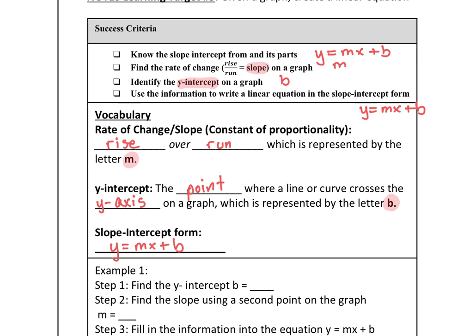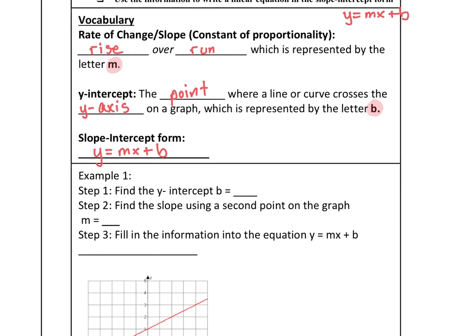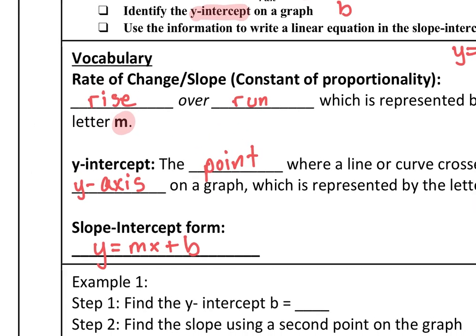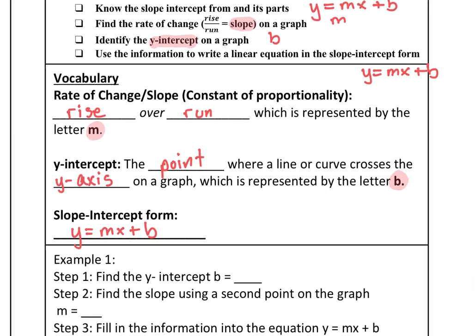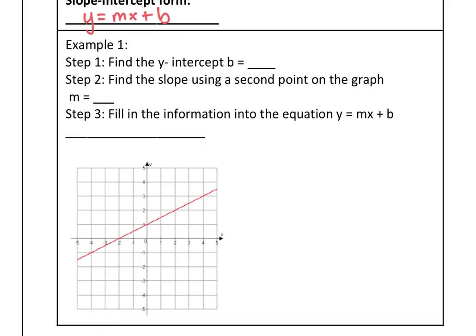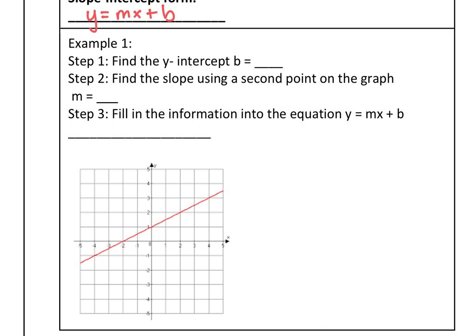All right, let's jump into the examples. Example 1. So step 1, we're going to find the y-intercept. So that's b. So if we go back up to our vocab, the y-intercept is the point where our line crosses the y-axis. Okay, so let's go here. I'm going to start here on my y-axis.